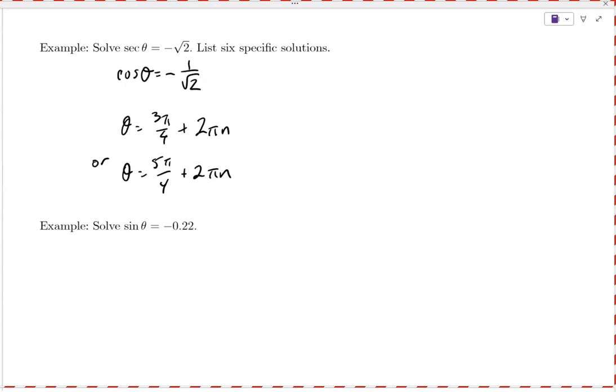And this is how we're going to find them, by the way. If you just put in 0 for n, you get 3 pi over 4 and 5 pi over 4. But again, remember, we should be able to plug in any integer for n and get more. So what do you get if you plug in 1 for n?